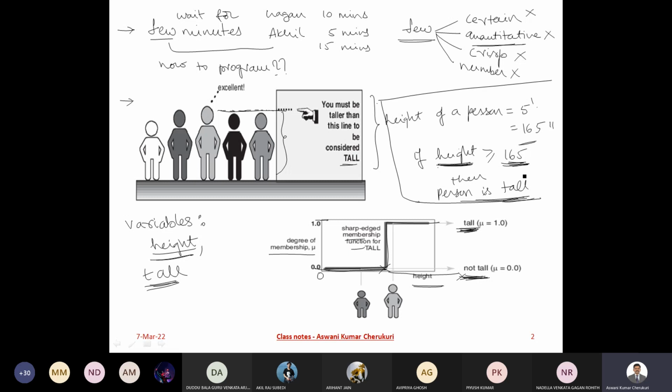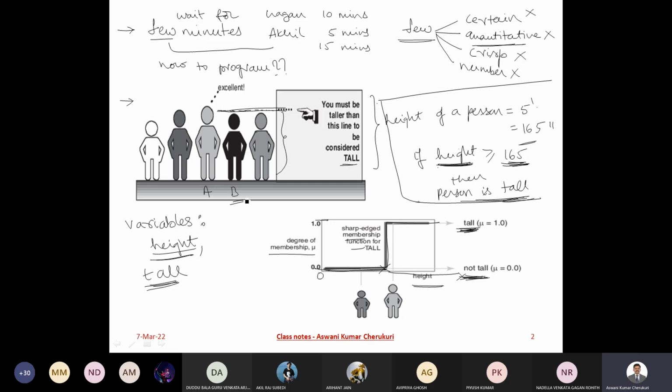Okay. Now if you look at practical scenarios, let us come back to the first diagram. If I say that somebody above this particular line is tall and others are not tall, what about this gentleman? This is A, this is B. What about B?